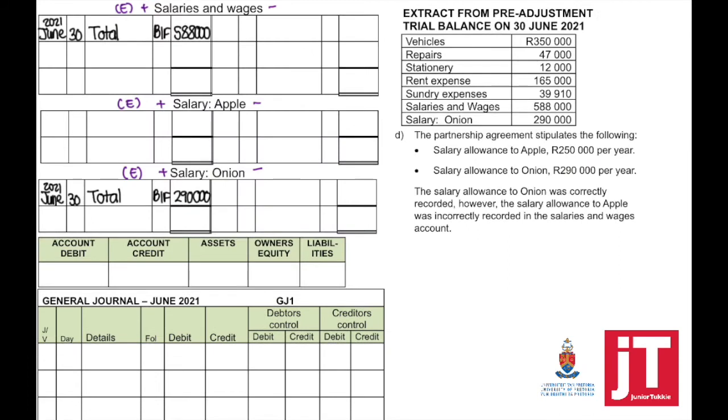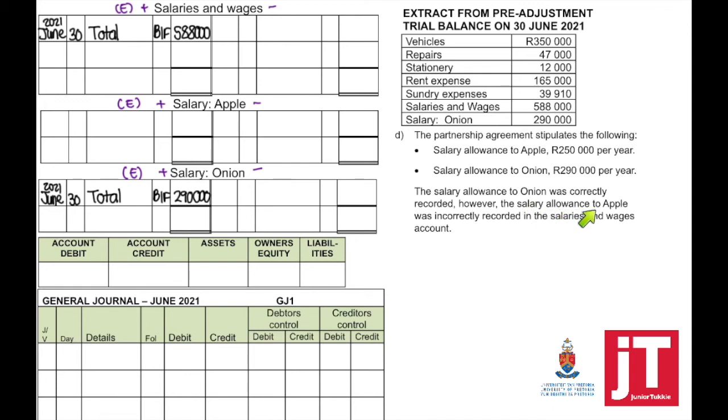Adjustment number D. The partnership agreement stipulates the following. Salary allowance, Apple, 250,000 per year. Salary allowance to Onion, 290,000 per year. The salary allowance of Onion was correctly recorded.